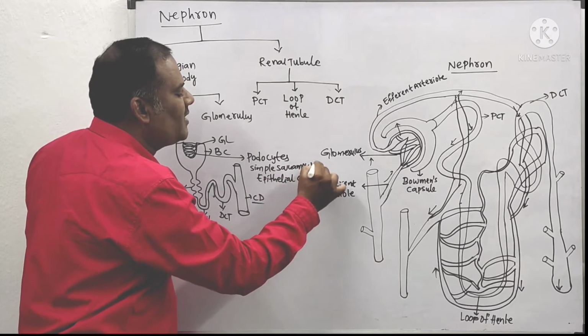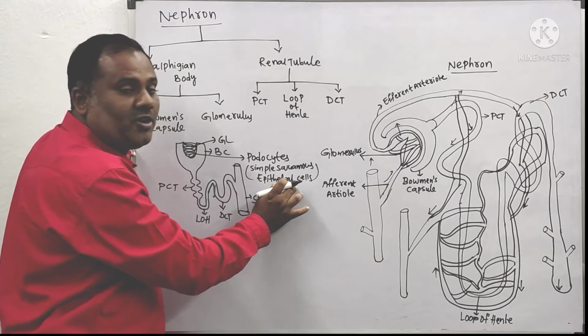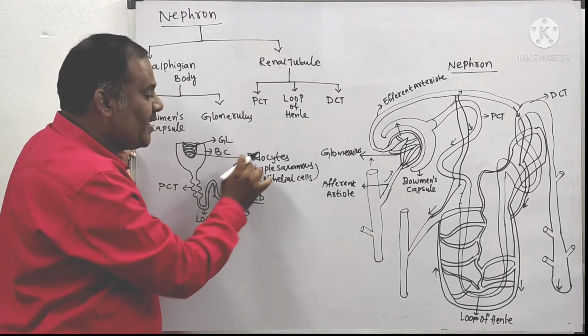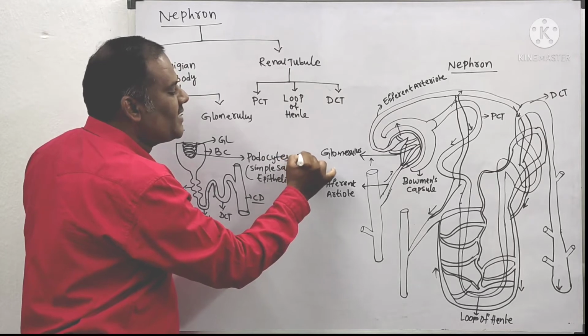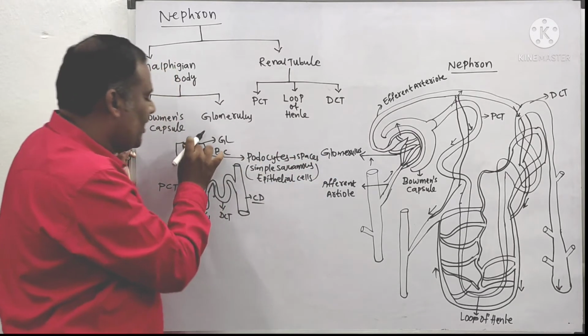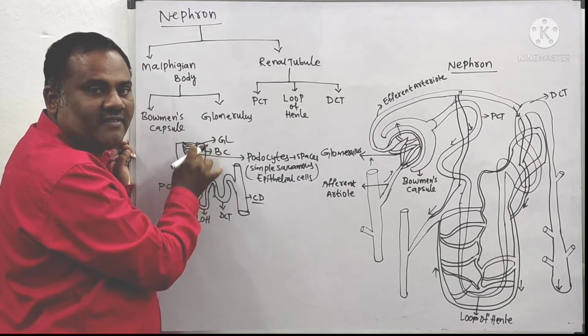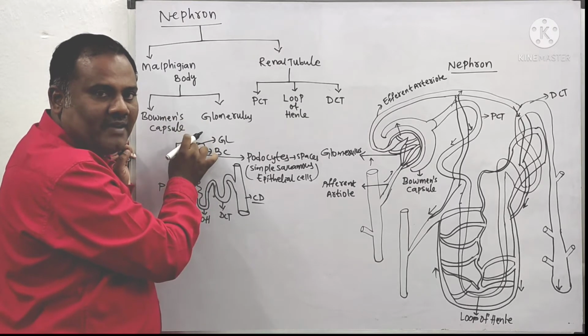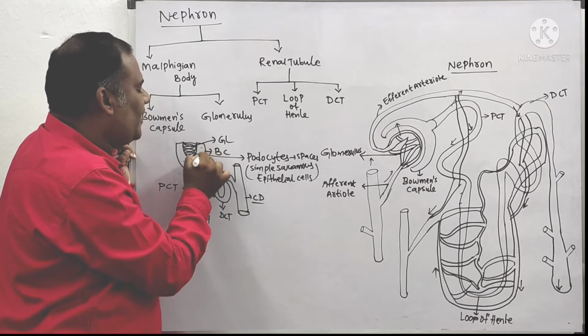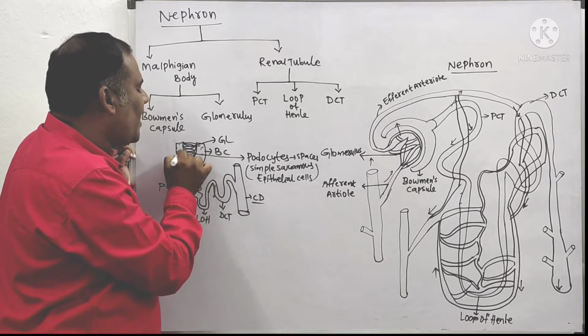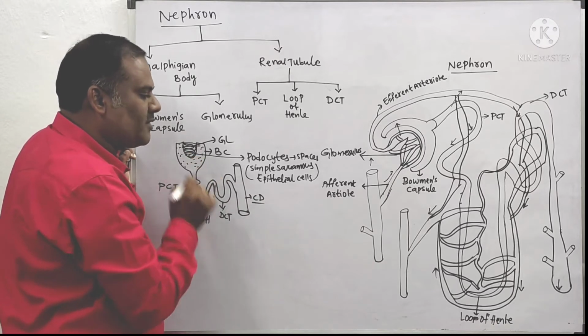You learn about squamous epithelium in 9th class. In between these cells there are spaces, and through these spaces the impure blood gets filtered, and the filtered liquid enters the Bowman's capsule.